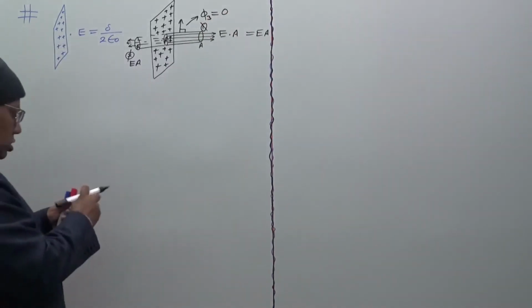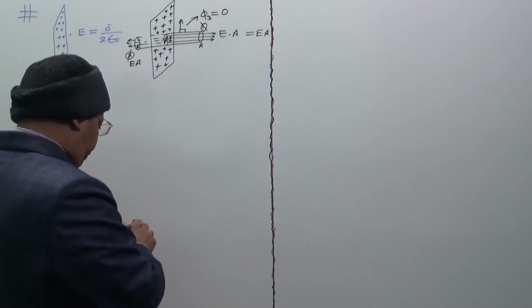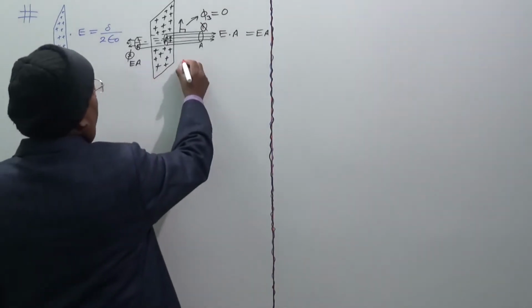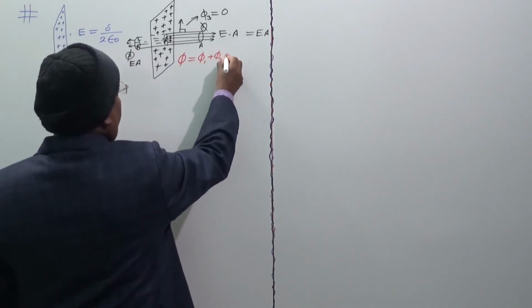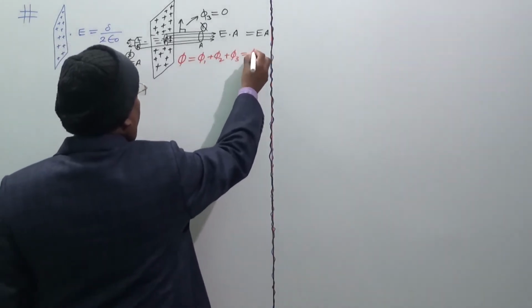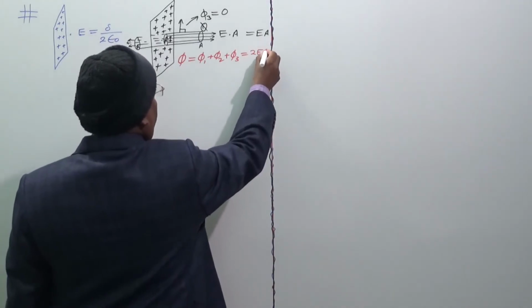So net flux will be phi 1 plus phi 2 plus phi 3 is equal to 2EA.